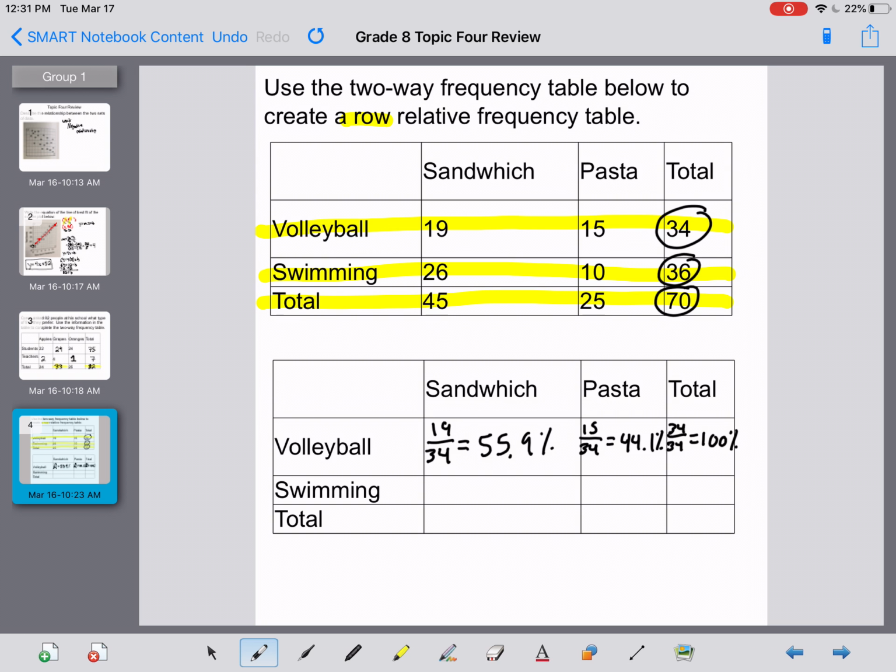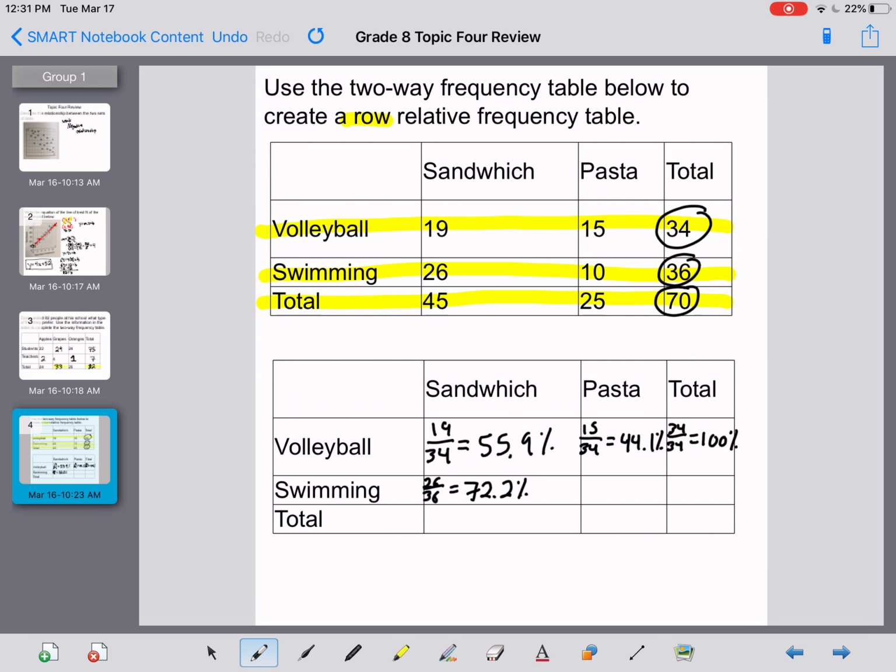Now for swimming, I'm not going to use 34 as my denominator, I have to use my 36. So 26 divided by 36 is equal to 72.2%.